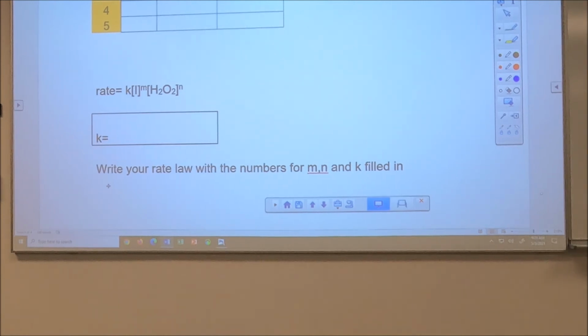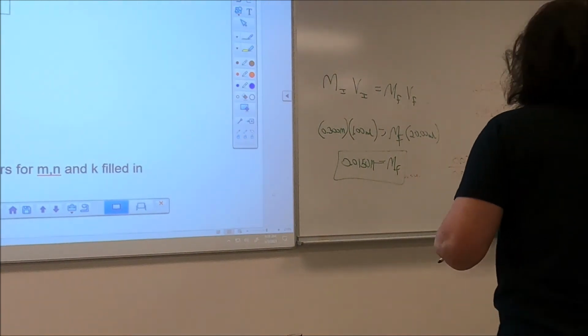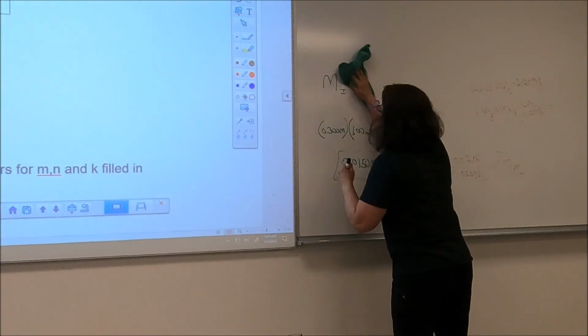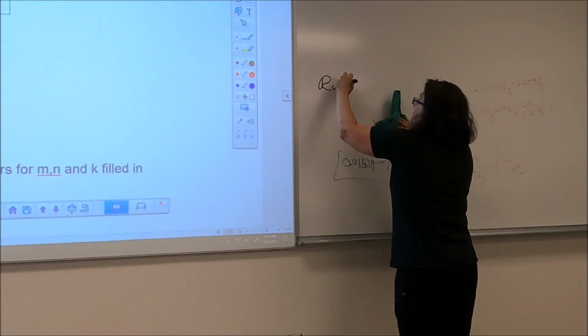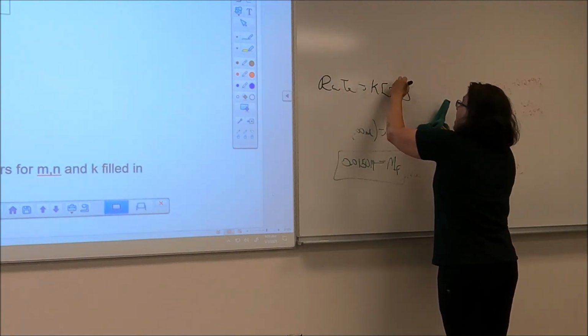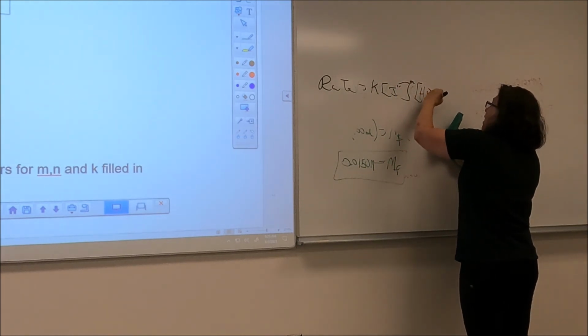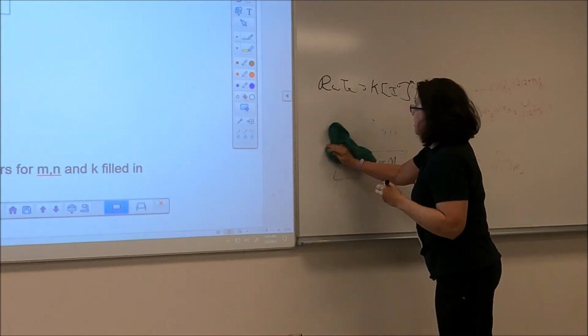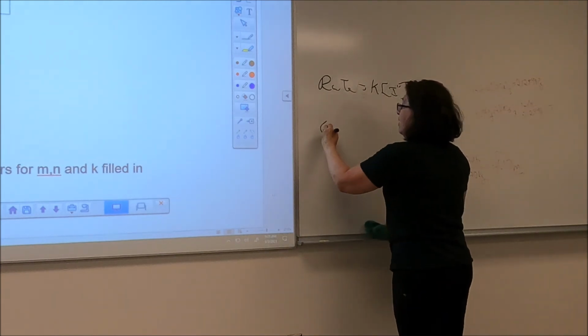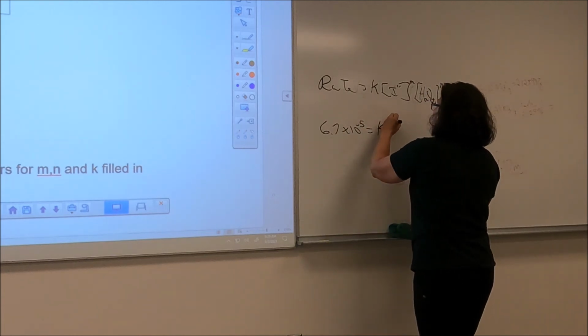Let's say your value of rate for experiment 3. So I'm dealing with rate equals k times the concentration of iodide ion to the m times hydrogen peroxide to the n. So let's say the rate was 6.7 times 10 to the minus 5. That's going to equal k.